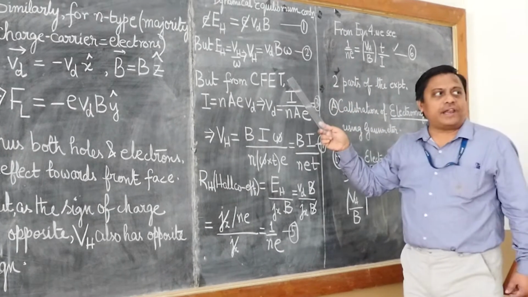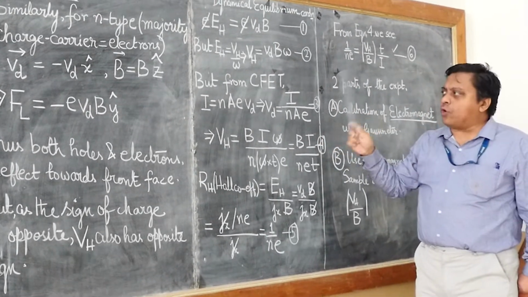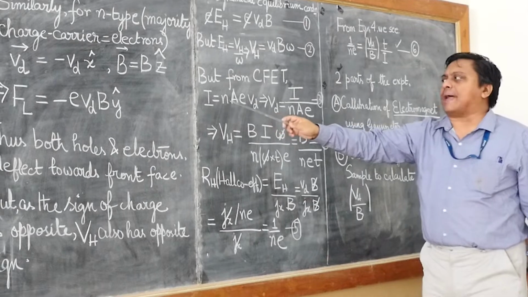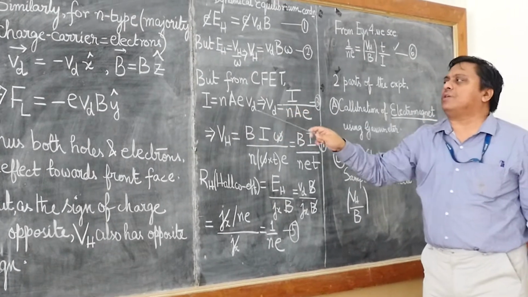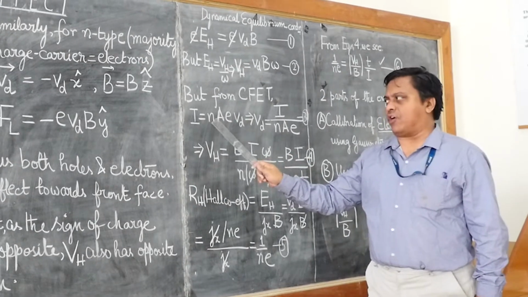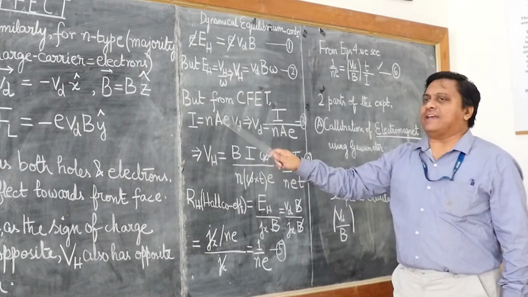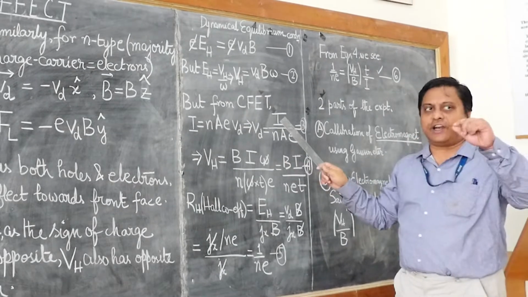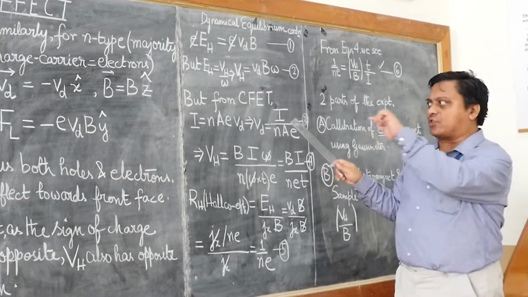But from classical free electron theory, we know that the current through the sample is simply given by this expression, where N is the carrier concentration of the electrons or holes, and A is the cross-sectional area that the electron or hole sees as it goes through the sample.